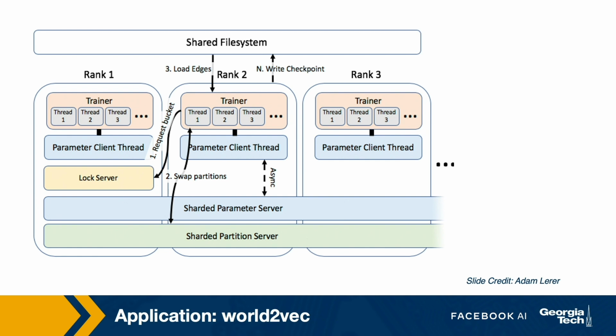Because the number of shared parameters is relatively small compared to the giant embedding tables that we are learning, this scales almost linearly with the number of machines or trainers in the system. So if you train this on, say, 40 machines, you almost get a 40x speedup with much larger embedding tables as well. So overall, this enables us to train giant embeddings efficiently.